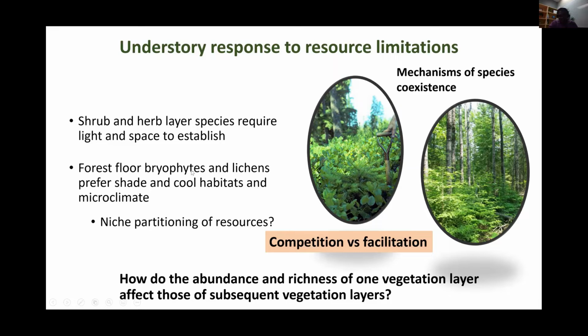Unlike the bryophytes and lichens, the little ones on the forest floor, they want some shadier, cooler microsite or habitat where they also do well. So what mechanisms help plants to coexist? Are they coexisting? You can look at the mechanisms of coexistence. You can talk about the niche theory, niche partitioning, how they partition resources and whatnot. What I'm interested in is mostly about the competition or facilitation.